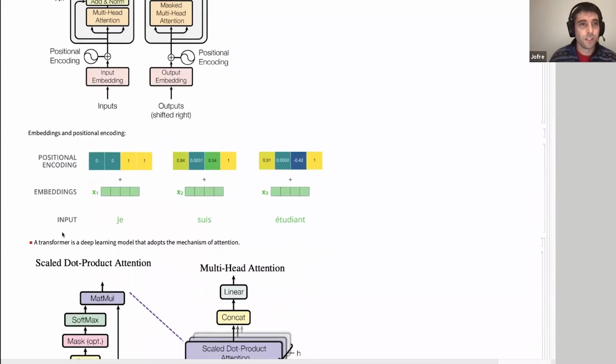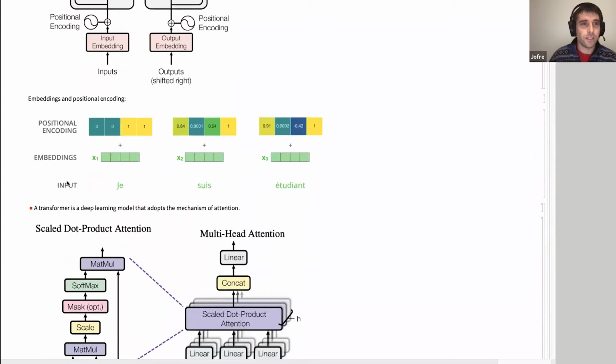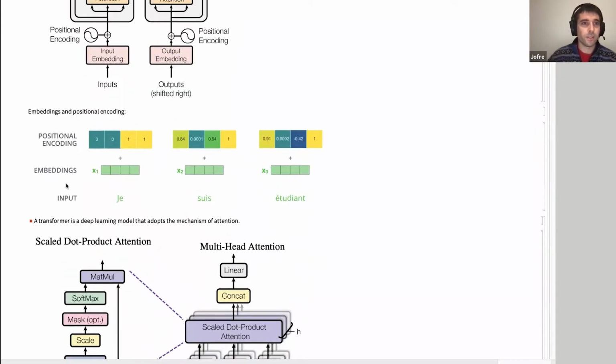transformer works. So there is an initial input embedding on the input sequence. In this case, it would be "I'm a student" in French, and you would tokenize the sentence into a bunch of tokens. Here, each token is a word, but it could also be a subword tokenization, as we will see later.